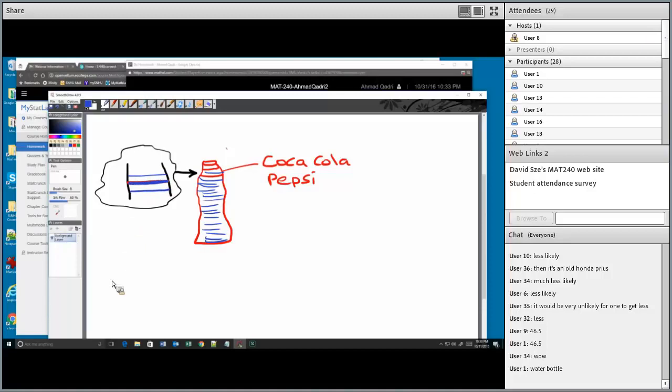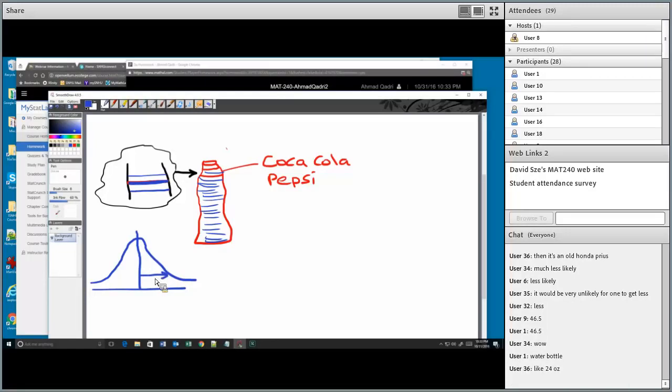And what will happen is, I'm not making this up, this is really true. You get a normal distribution where the optimum fill level is at the center of the distribution. And then you have this normal curve around it where the fill level varies.